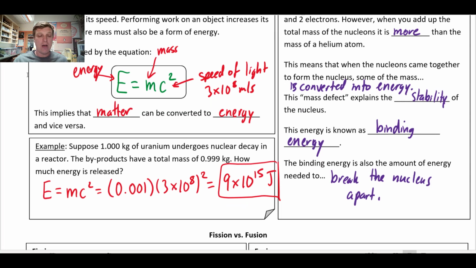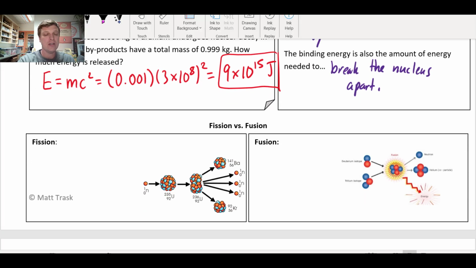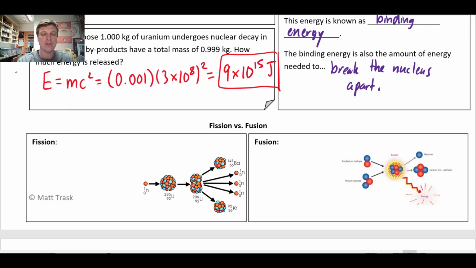All right. Now, one last thing we need to talk about is fission versus fusion. I know this is the thing that sometimes gets a little bit misunderstood, and I think it makes sense why it would. You may have heard of these 2 kinds of reactions, fission reactions and fusion reactions. Fission reactions is what happens in nuclear reactors, where we take things like uranium and use it to produce useful energy.